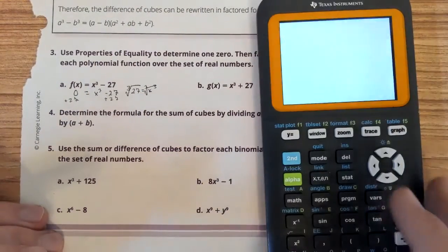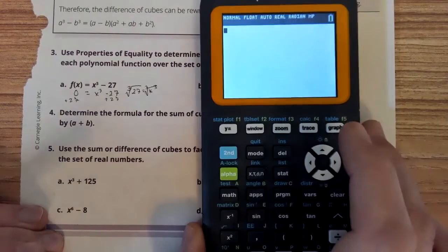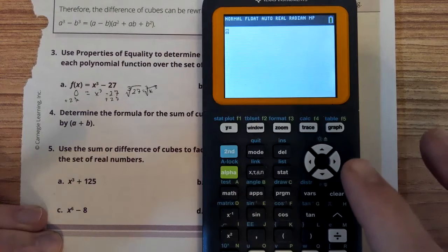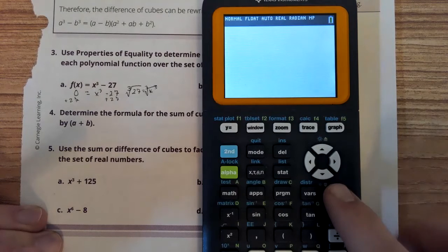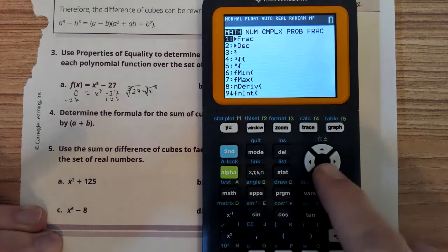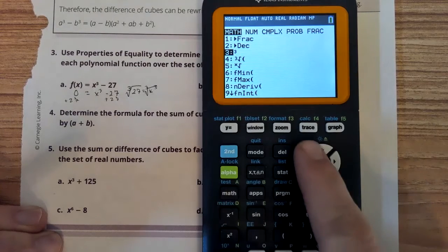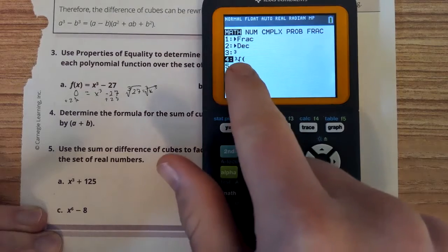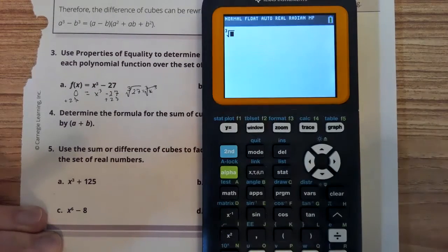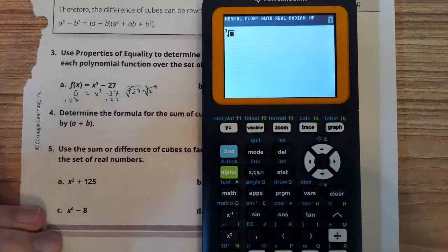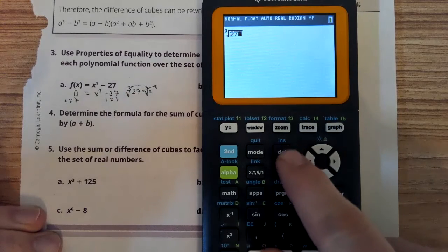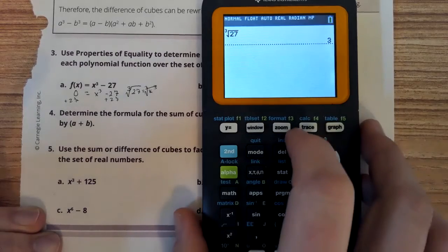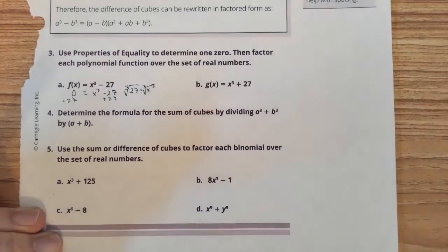So on a calculator, let's hit math, and then we can scroll down to option number 4. So that is what this means, the cubed root of this value. So I'm doing the cubed root of 27. There we go, that should work. And we get 3. So we know for a fact that x is equal to 3.